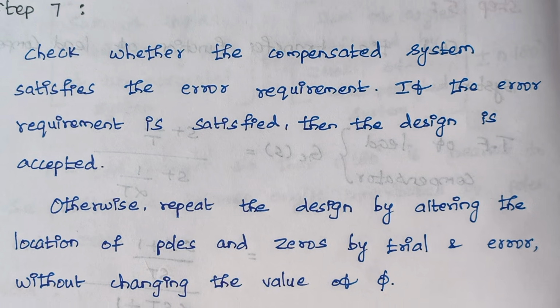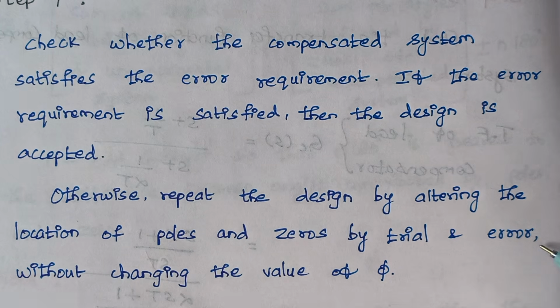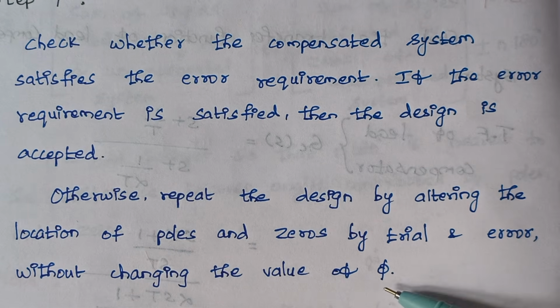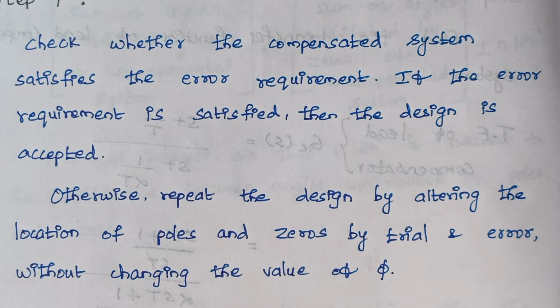Otherwise, we have to repeat the design by altering the location of poles and zeros. We have fixed the pole here and the zero here; if the design is not satisfied, then we have to change them by our own trial and error method. The value of phi should remain constant, but we can change the location of poles and zeros.